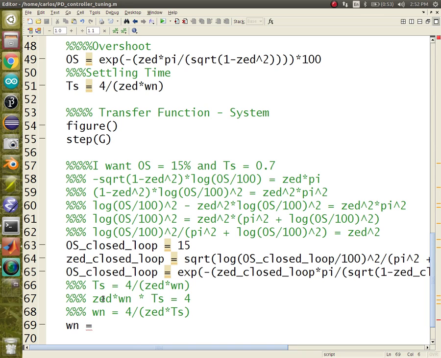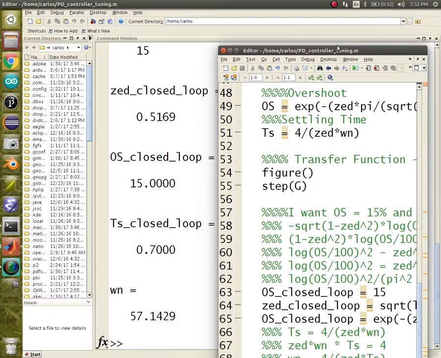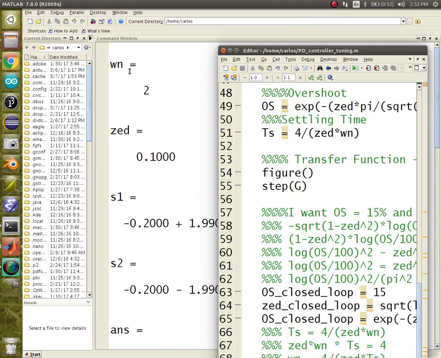Anyway, omega n will be 4 divided by z times closed loop settling time, and I said the closed loop settling time was 0.7. If I run that, my natural frequency is 57, which is huge compared to my natural frequency of 2.